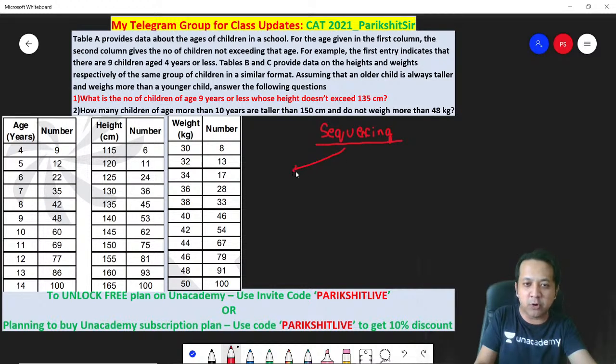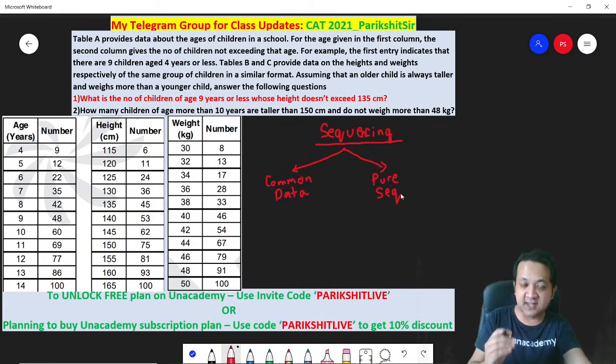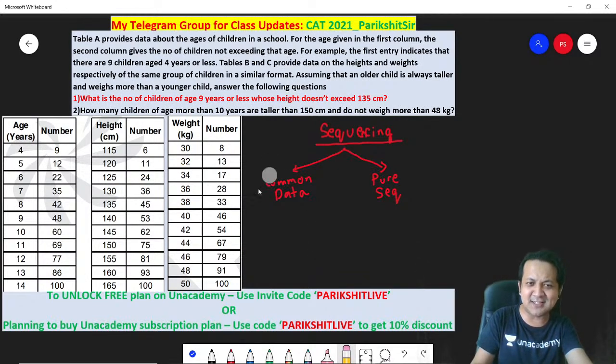One would be common data caselets, and the next one would be pure sequencing. So there are two types of caselets which we are going to learn today. And remember, I'm going to show you just how to draw lines and solve such caselets. So let's get started straight away, right?